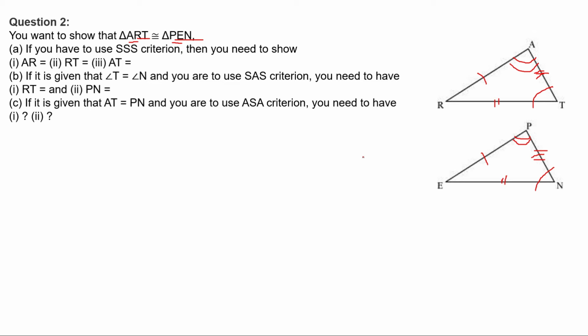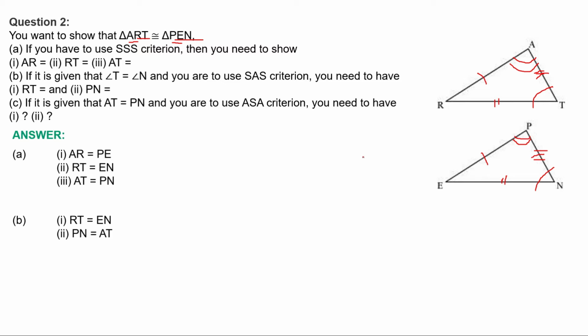Let's see how you have tried in your copy. AR equals PE, RT equals EN, and AT equals PN. B, RT equals EN, PN equals AT. And C, angle ATR equals PNE and angle RAT equals EPN.